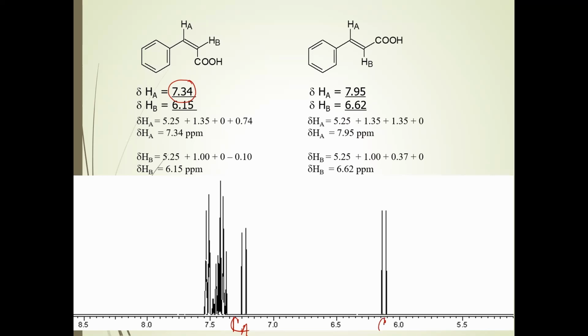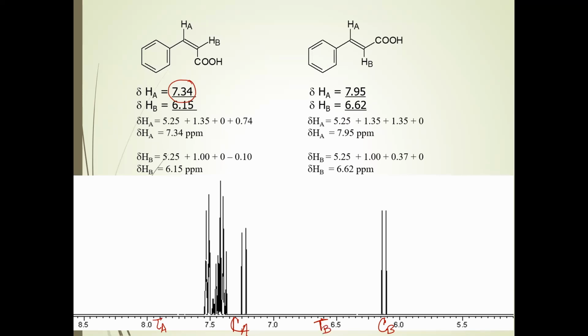So right around here, this would be the cis isomer hydrogen B. For the trans, we have calculated values about 7.95. So we would expect the trans hydrogen A to be out here, trans hydrogen B around 6.62. So the trans hydrogen B would be right there.